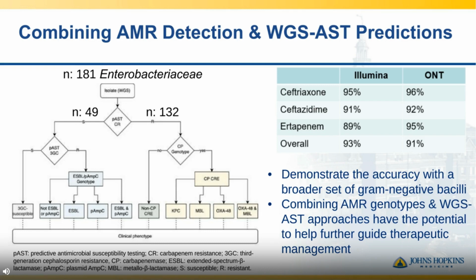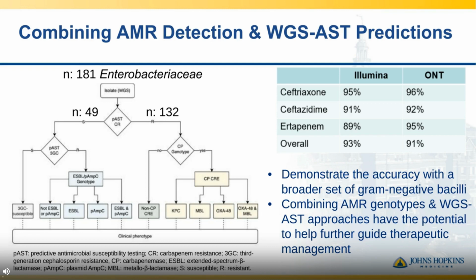And we recently put this data together, looking at the combination of predictive AST and genotypic information among a group of Enterobacteriaceae, so expanding past the Klebsiella pneumoniae that we had focused on before and applying it to E. coli, other Klebsiella species, Enterobacter cloacae.